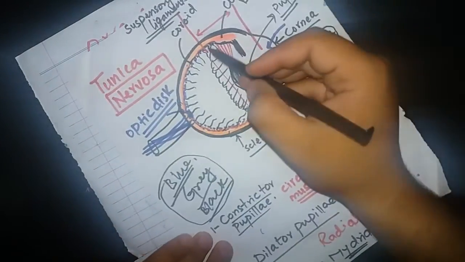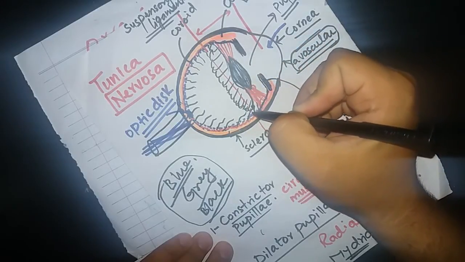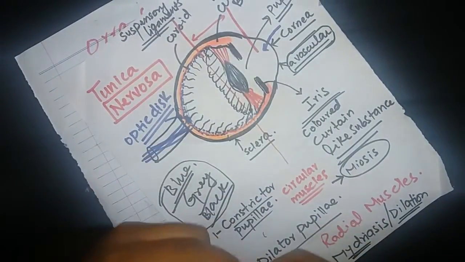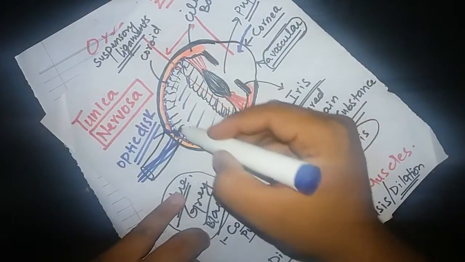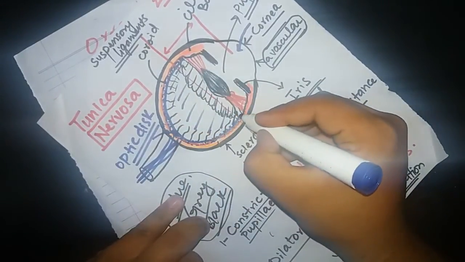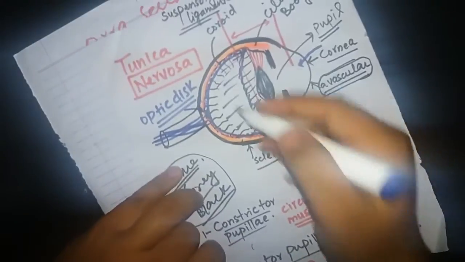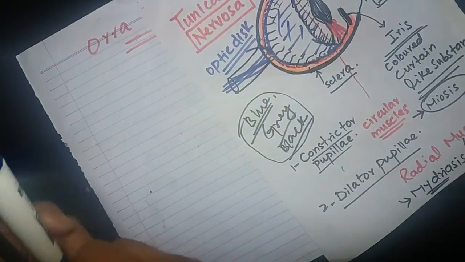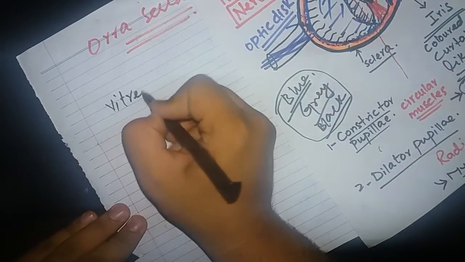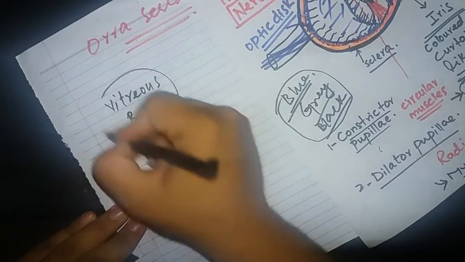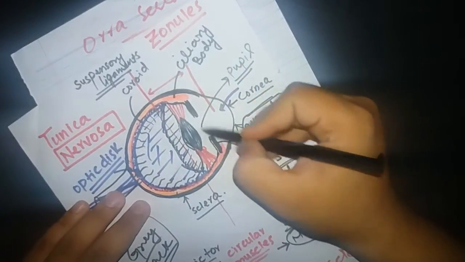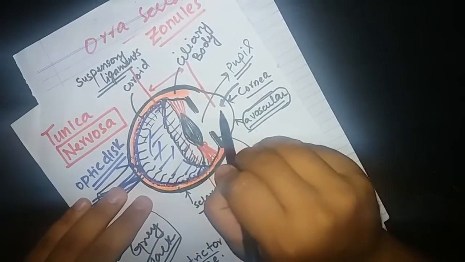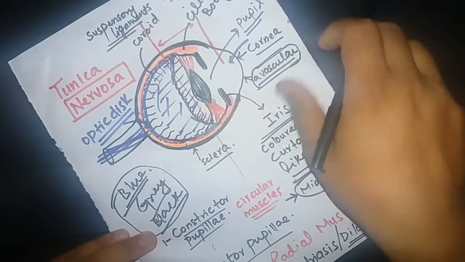Now this portion, up to this, is filled with fluid. This is known as the vitreous body. This portion, all the way forward to the lens, contains a gel-like substance known as vitreous humor.